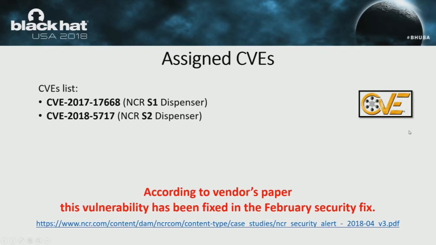The presence of vulnerability was confirmed and the fixes were in the February security fix. As you can see, there are 2 CVE numbers for these vulnerabilities. They are related to S1 and S2 controller. Also, NCR issued a white paper related to these recommendations for updating.